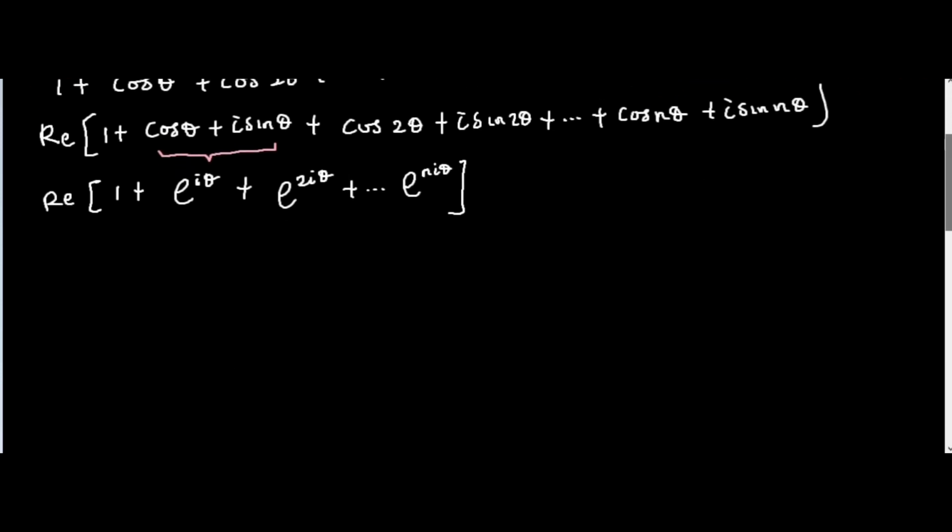So from here, I can see that there is a pattern. This is like a series, because there is a growth process from 1i to 2i. If I should write this more and more, I will have something like plus e to the 3i theta, then plus 4i theta, then like that.